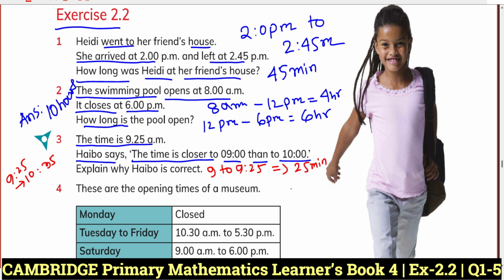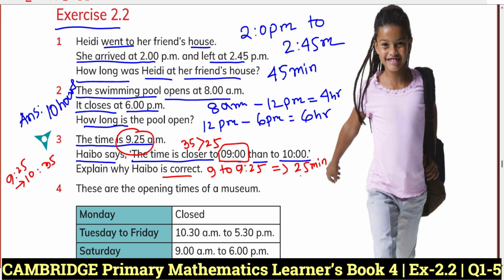So 35 is greater than 25 minutes. That's why 9 is closer, right? So 9:25 is closer to 9. The statement is correct.